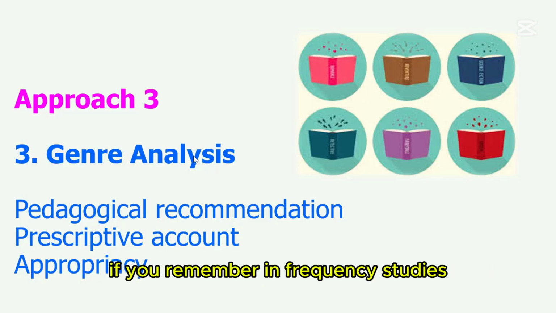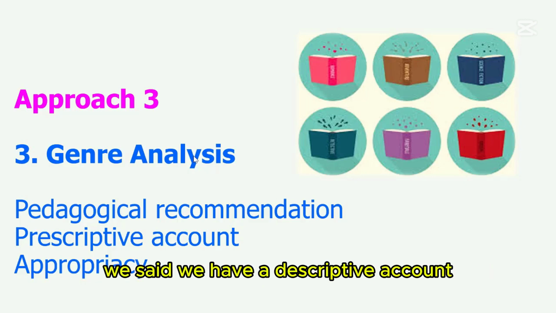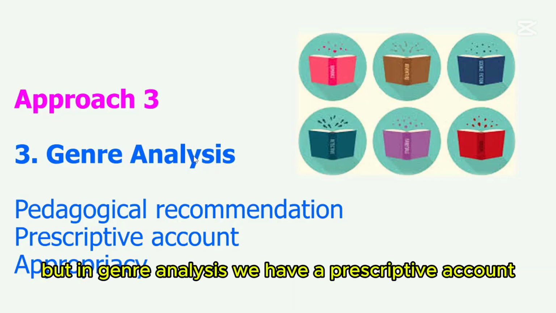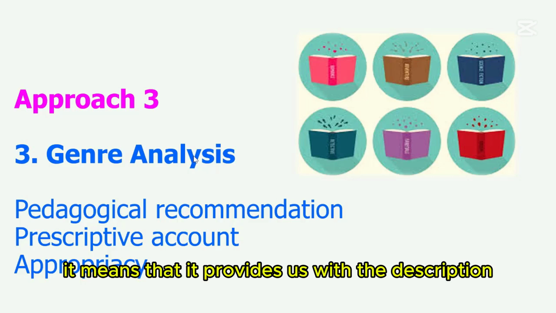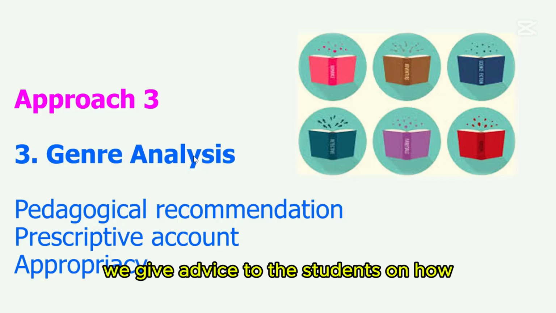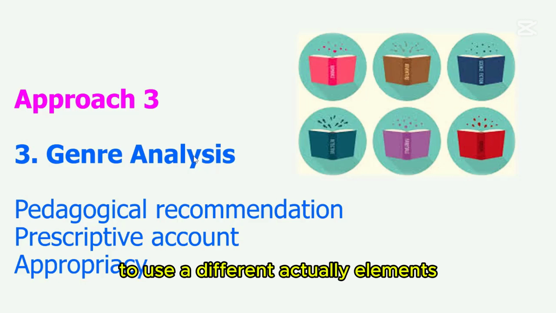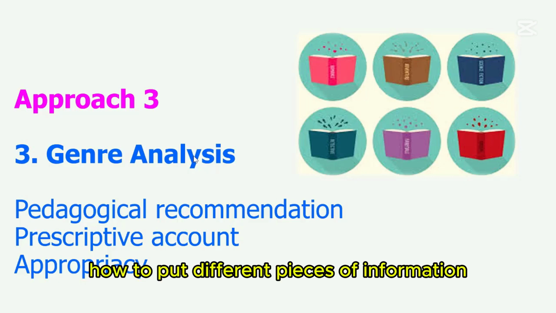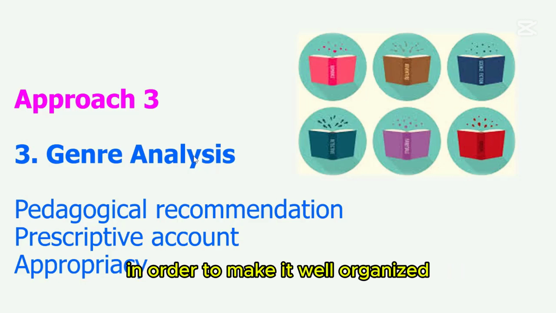If you remember, in frequency studies, we said we have a descriptive account. But in genre analysis, we have a prescriptive account. What does it mean? It means that it provides us with a description, and based on the description, we give advice to the students on how to use different elements, how to put different pieces of information in order to make it well organized, to make it well written.